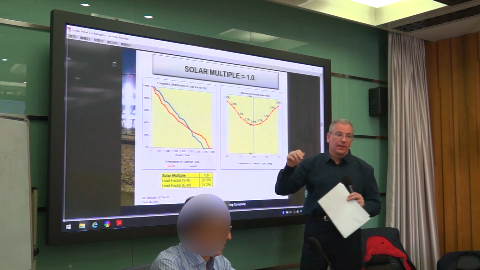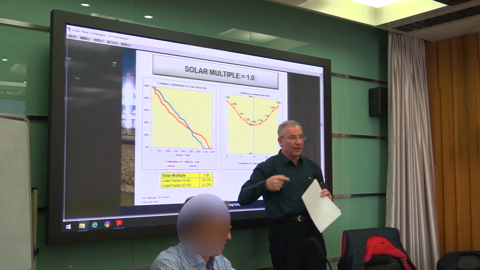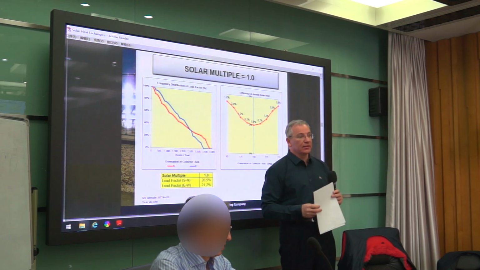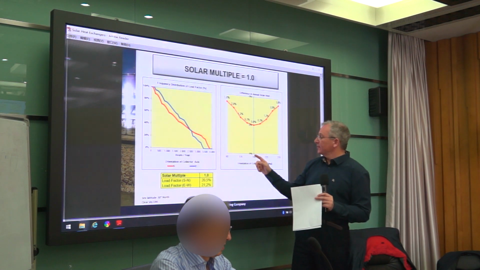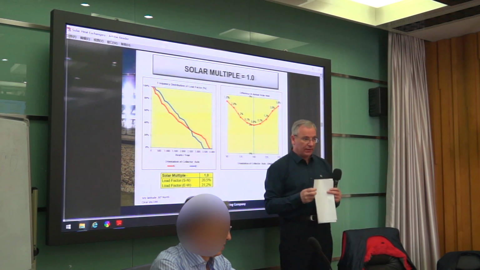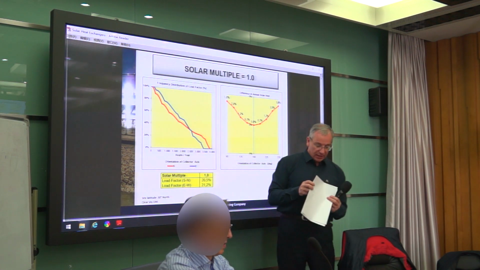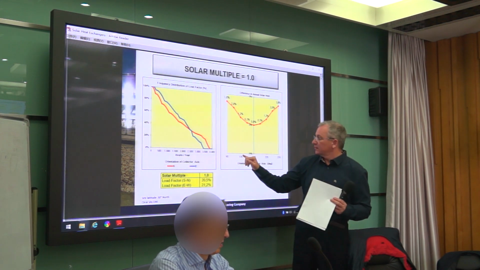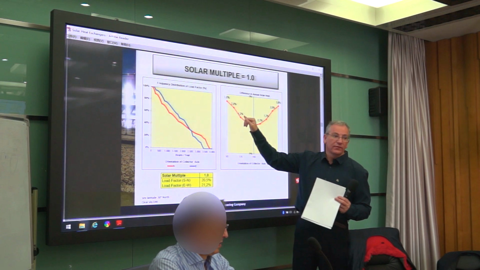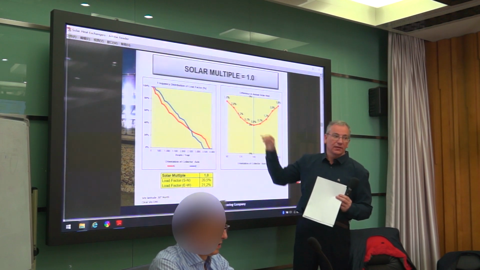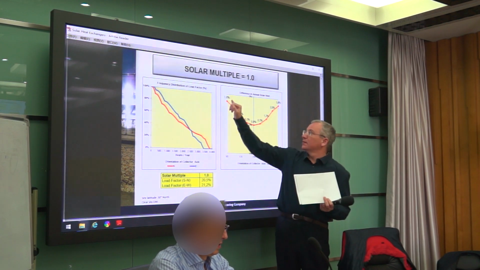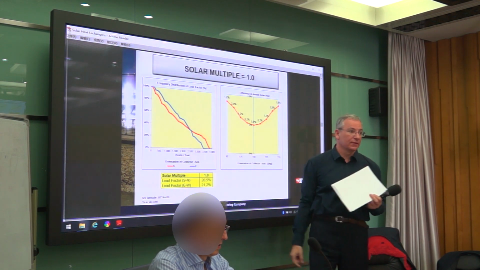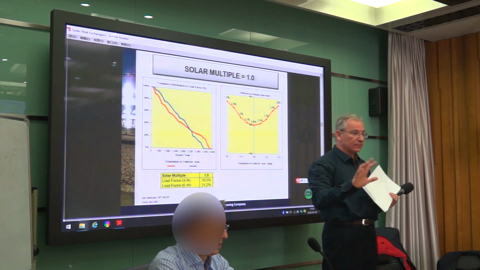So we can gain 3.8 more energy from the solar field by putting the collectors oblique. For example, in this case, we have 100%. If we put it in this 135, we get 1.4% more than here. And if we put it here, we get 3.8 more. For solar multiple 1. Understood?